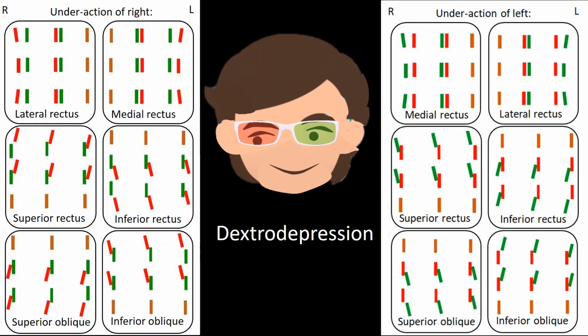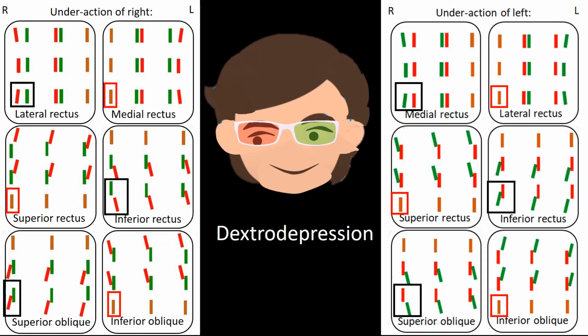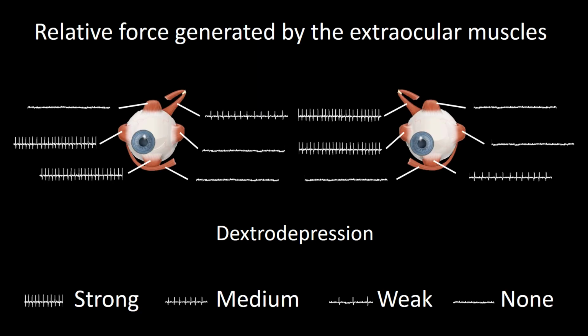During dextrodepression, there is activation of the right lateral rectus, left medial rectus, as well as both depressors in each eye. In the right, mainly the inferior rectus, and to a lesser degree the superior oblique. In the left, mainly the superior oblique, less contraction of the inferior rectus, as illustrated here.